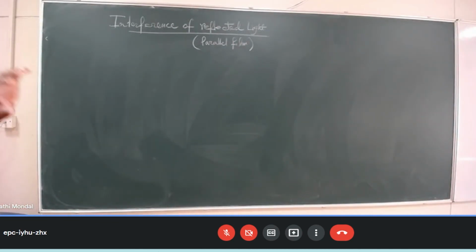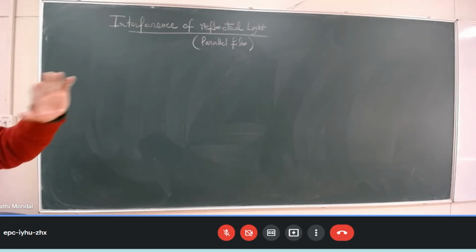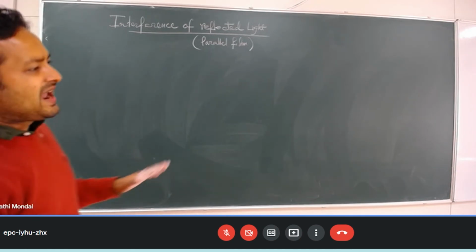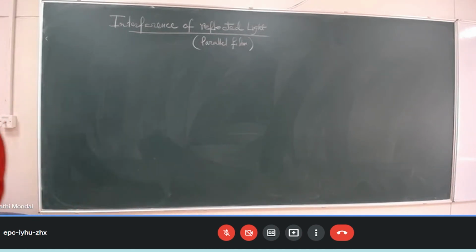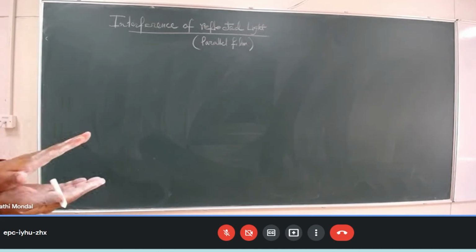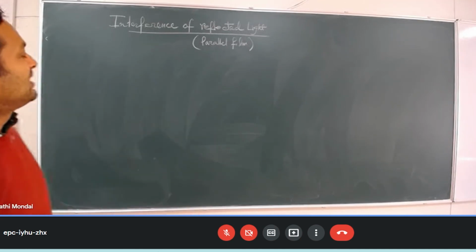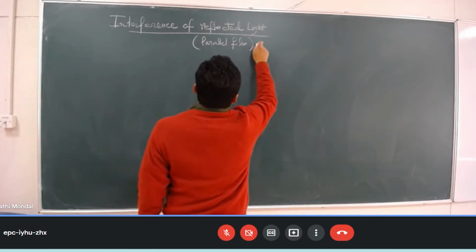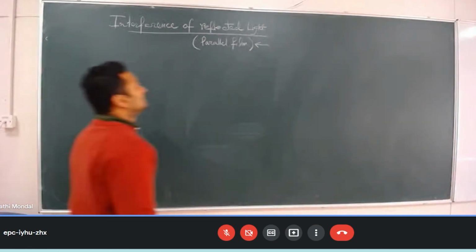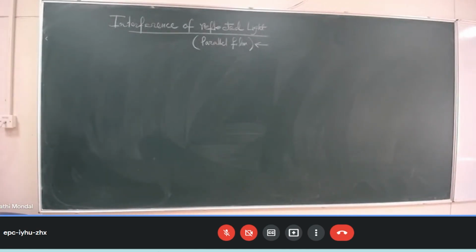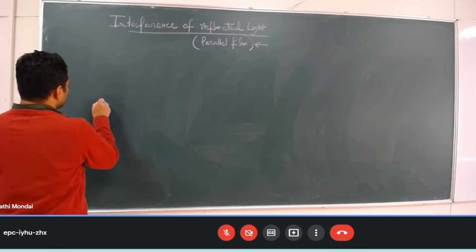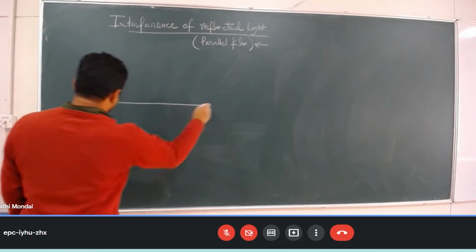Parallel film means like a glass slip, where the upper and lower surfaces of the film are parallel. Another is the wedge film, which must have some wedge kind of angle. First we'll discuss interference of reflected light in the case of a parallel film. So let's say we have a parallel film.